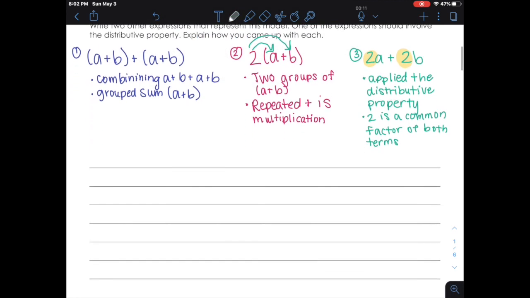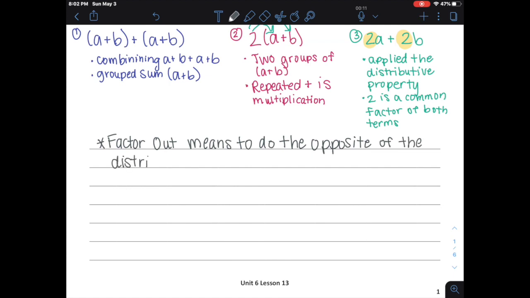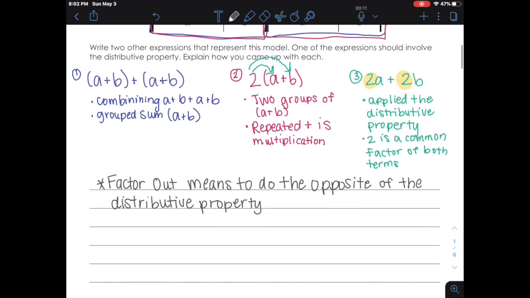Okay? So before we go any further, I do want to define what it means to factor out. So factor out means to do the opposite of the distributive property. So the distributive property, you're supposed to multiply, right? I take this 2 and I multiply it by both terms.